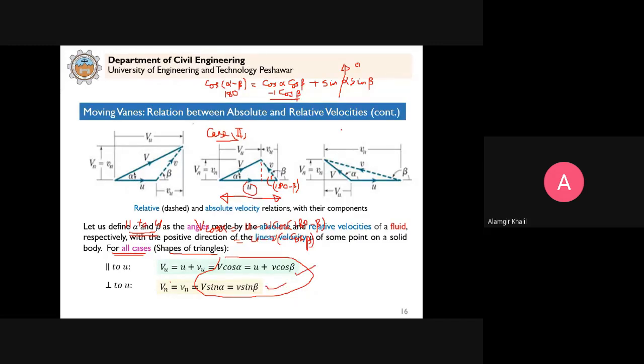You can verify yourself for case 3. You will get the same result. So now this is the relationship between the 3 velocities when we consider the relative velocities and absolute velocities.